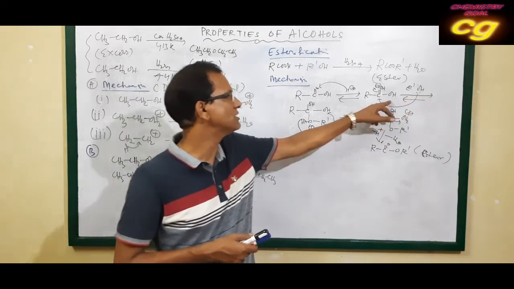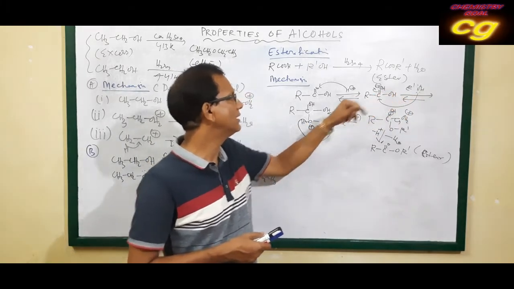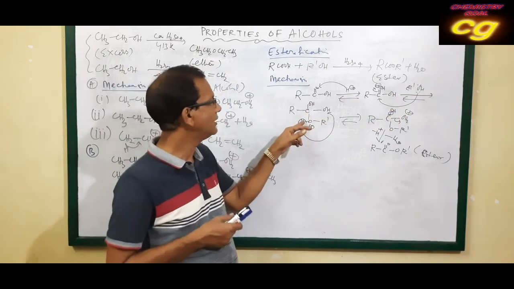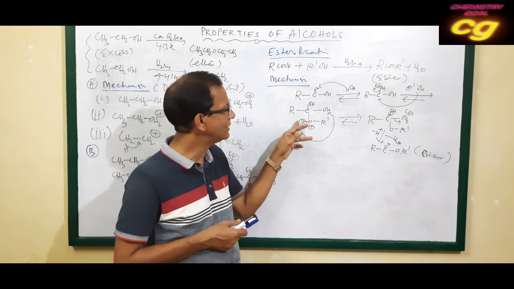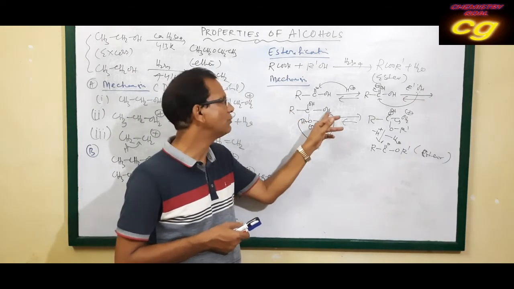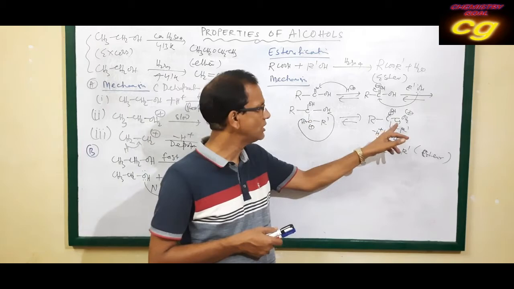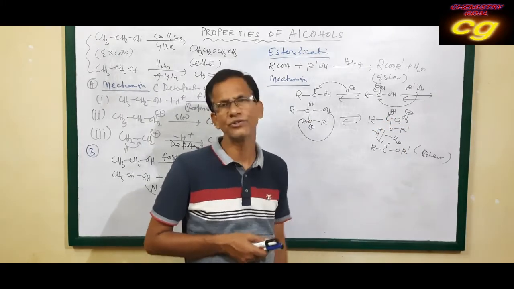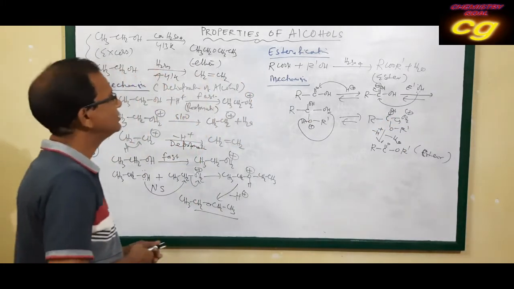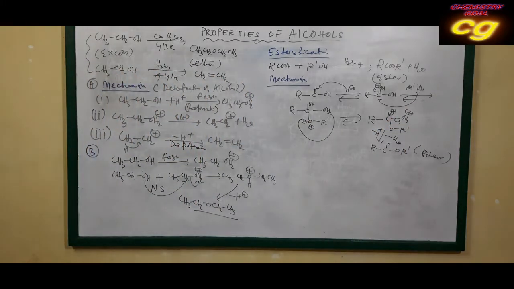Then formation of a single bond, then loss of proton, then again protonation, that is deprotonation and protonation occur, then loss of water molecule forming ester. So you have to practice this. This is called the mechanism of esterification.